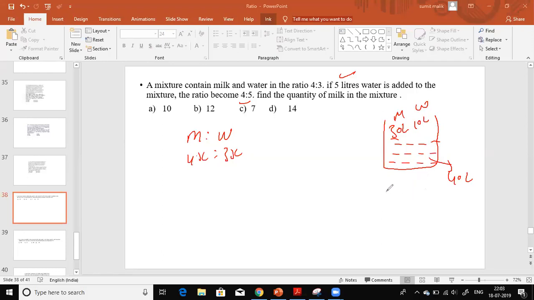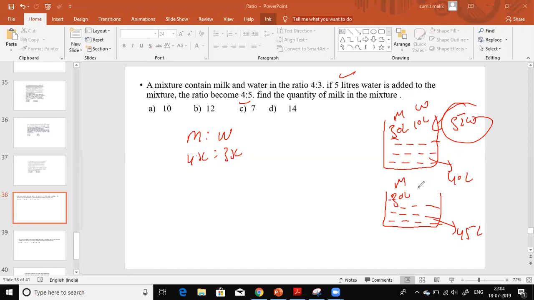Now what I am doing, I am adding 5 liters of water. If I am adding 5 liters of water, the new mixture becomes 45 liters. Milk will remain the same, 30 liters, but water will be 15 liters.